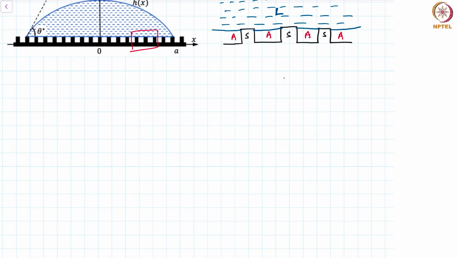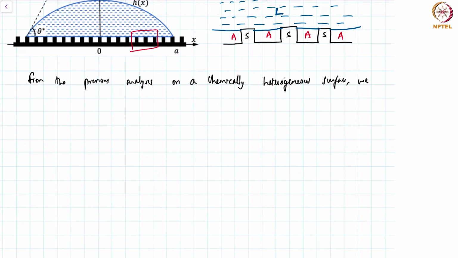So from the previous analysis, on a chemically heterogeneous surface, we have cosine of theta star will be F1 cosine of theta 1 plus F2 cosine of theta 2, right? This is what we have.